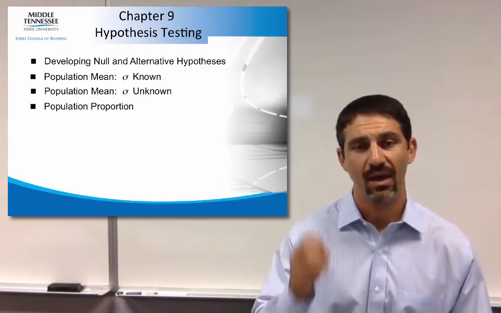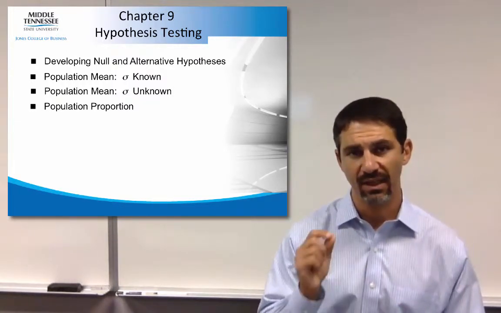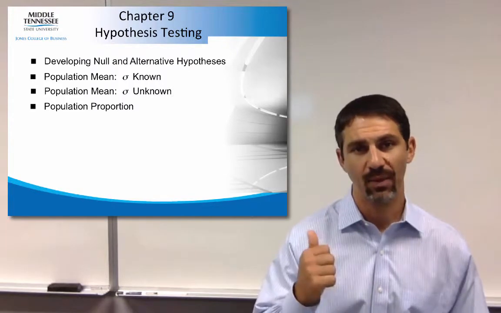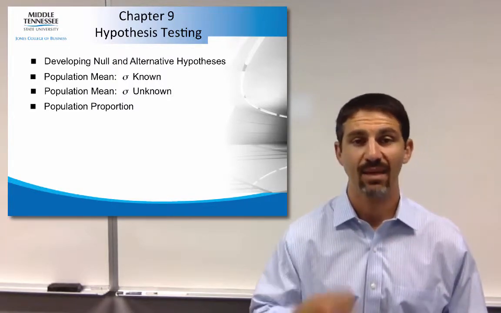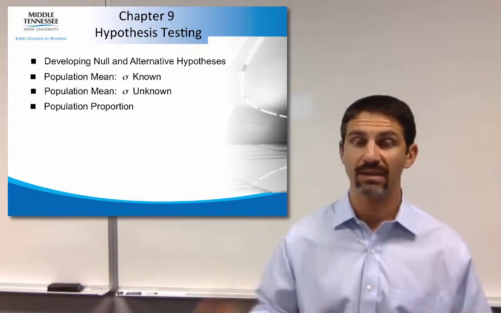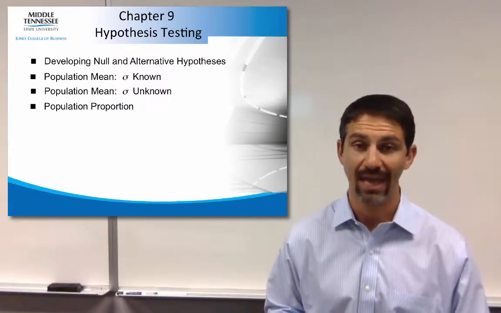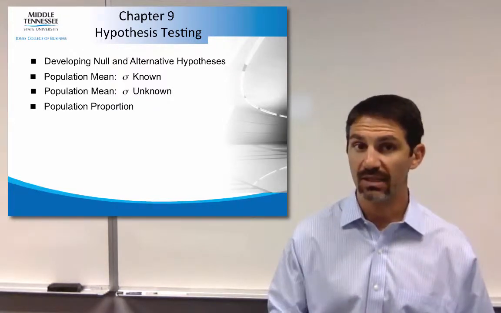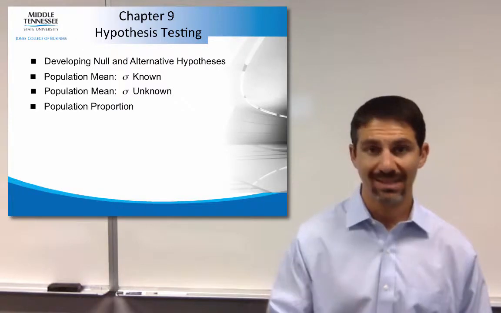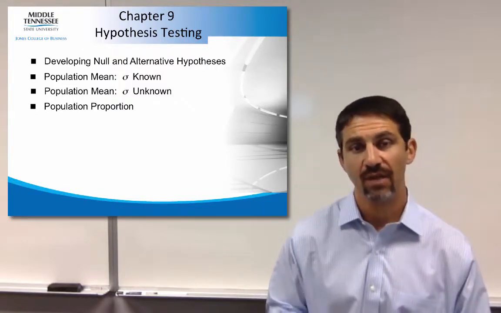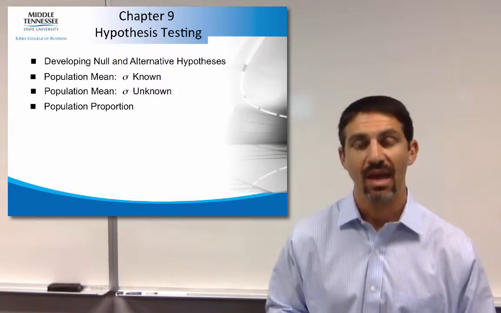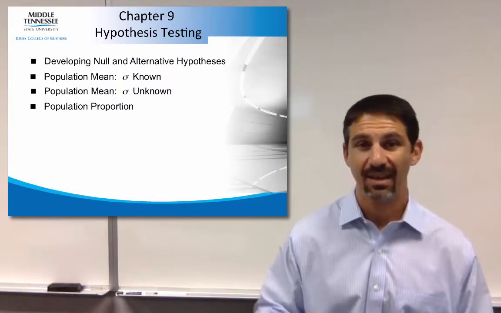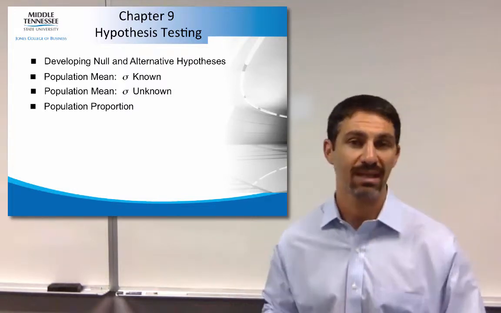If you think about it, in Chapter 7 and Chapter 8, we looked at it when sigma was known, and we've also looked at it when sigma is not known in Chapter 8, and that's when we use the t-score. And then we also used z to come up with a confidence interval for a population proportion. We're going to do kind of the same thing, except for hypothesis testing.